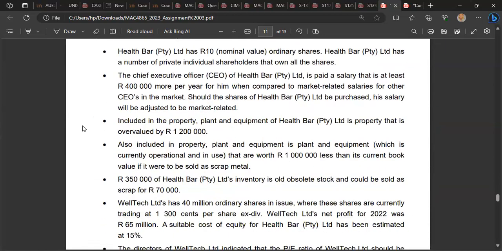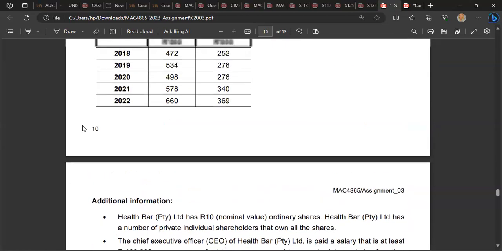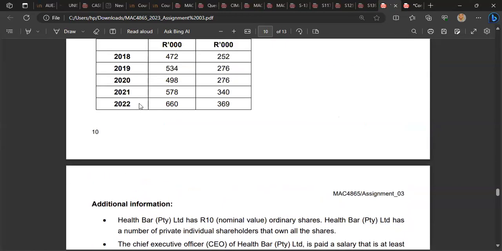So ideally, what you would do in a situation like this, because what you need now is the growth rate. It's the only thing that's missing there, is the growth rate. So what you could do to get the growth rate would be assuming that these dividends are expected to grow in the same way.